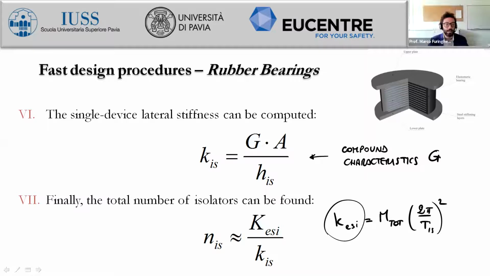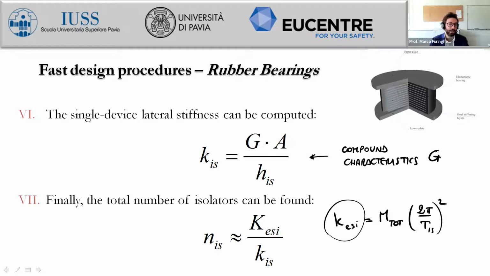Well, actually, the vertical stiffness of rubber bearings is very high with respect to the horizontal one. It could be in the order of 2,000 meganewtons over meter. So generally, you don't pay that much attention to the vertical reaction applied at all the devices.